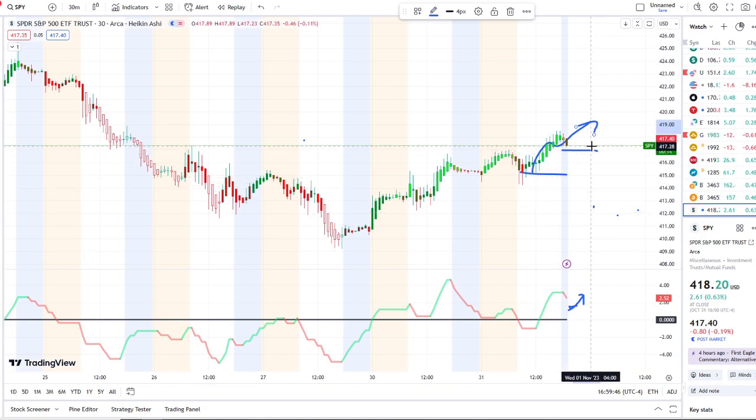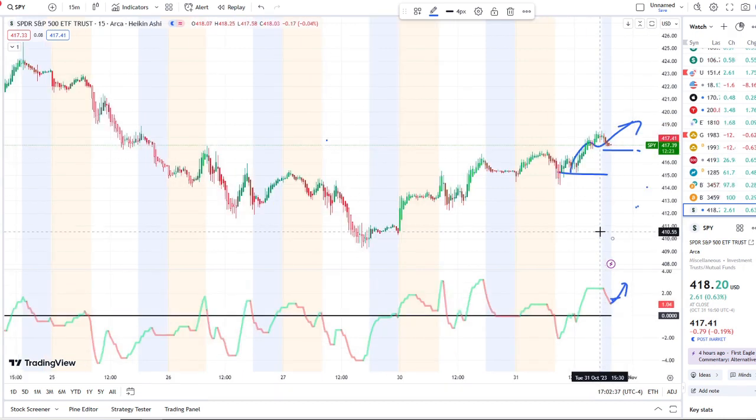And right now it is fighting at a critical level here based off the history of the chart where things rejected and were support back on the 26th of October and the 25th at around the 417.20 area. And it's going to be crucial and critical to break and hold above this.